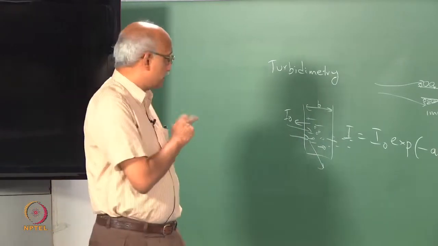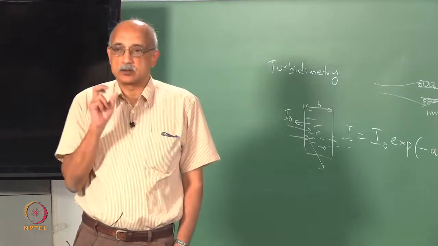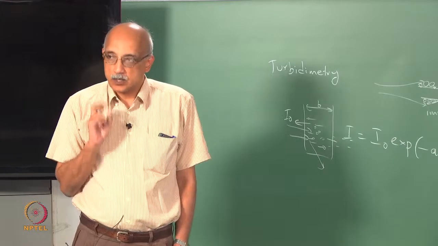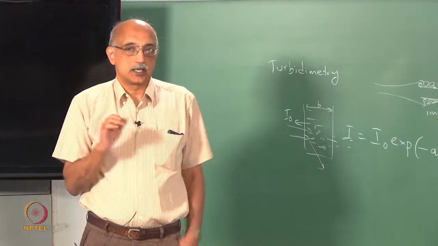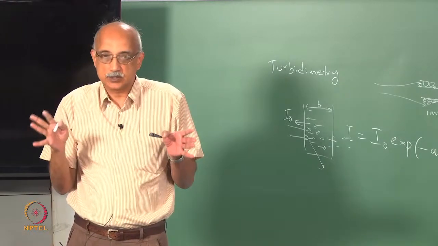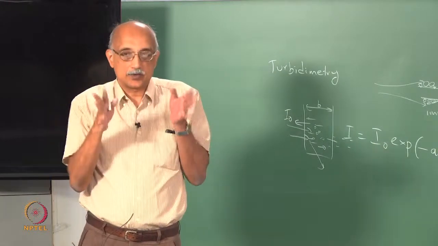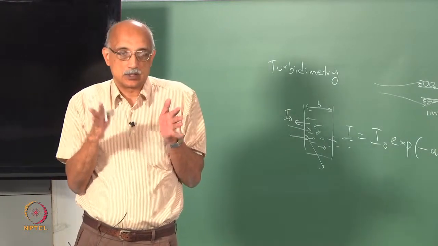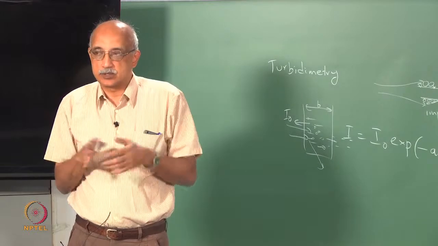So, this technique is not going to give you single particle sizes. However, what it gives you is exactly what I just said. It gives you the total light scattering cross section of particles suspended in the liquid.